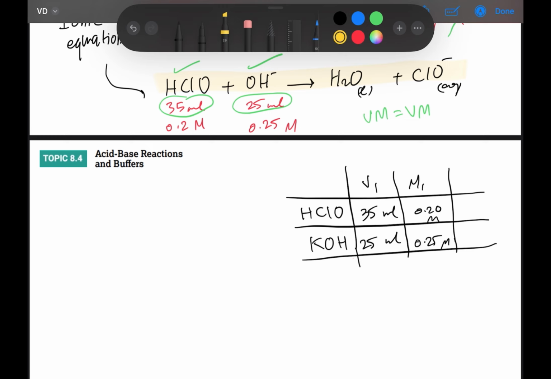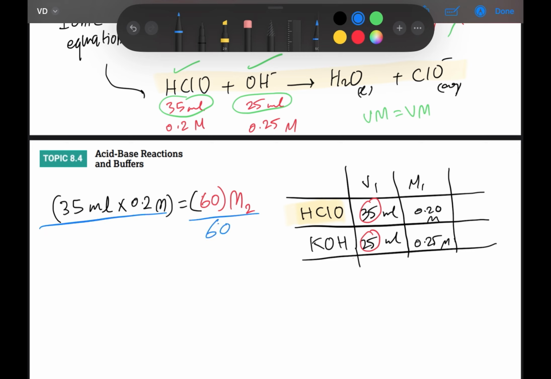To calculate the new molarity of hypochlorous acid, the initial volume was 35 milliliters multiplied by the initial molarity, which equals the total volume, 35 plus 25, or 60 milliliters, multiplied by the molarity after dilution. We just divide over 60.